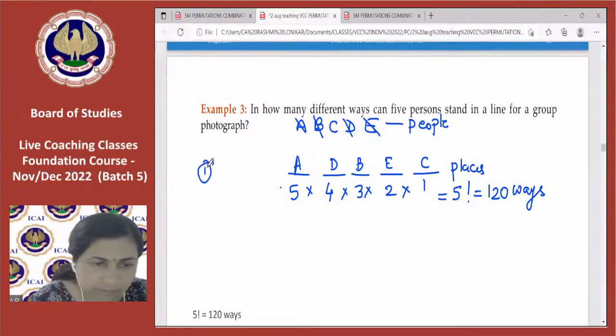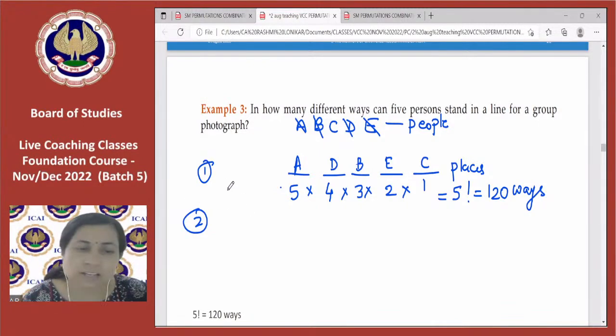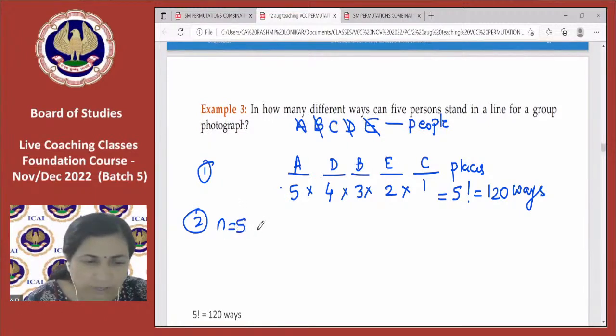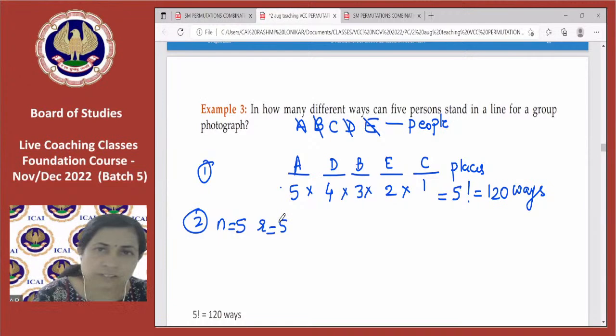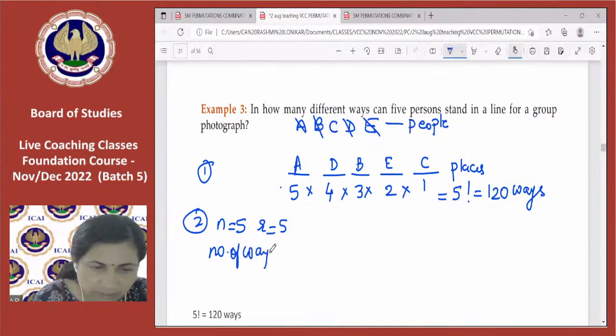This is for your understanding, and the second method is that I have to select 5 people from 5 places and 5 people. So N is also 5. R is also 5, because how many places in the photograph are there? 5 places. So R is also 5. How many people are there? 5. So N is 5. So number of ways will be equal to 5P5.